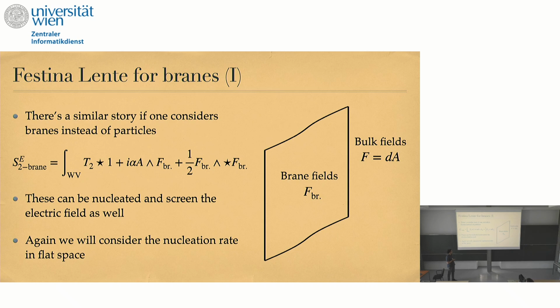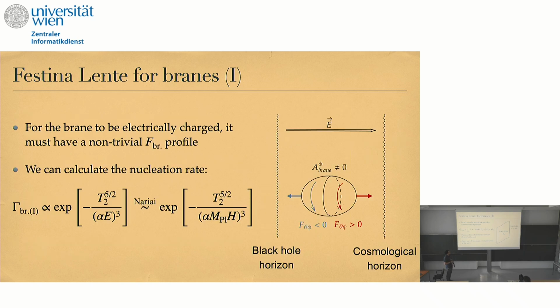You can find that a little area element of the brane is charged electrically under A. And because it's charged electrically, it will be able to screen the bulk electric fields, just like the electron-positron pairs of the previous discussion were able to screen the electric fields. So again, we'll compute this nucleation rate in flat space. Here, I'm discussing 2-branes for now, but we will generalize to higher dimensional branes and higher dimensional de Sitter later.